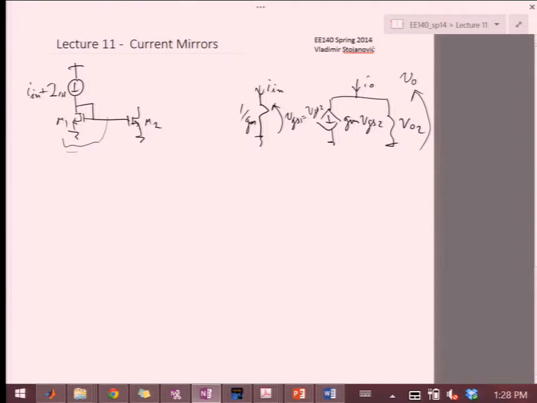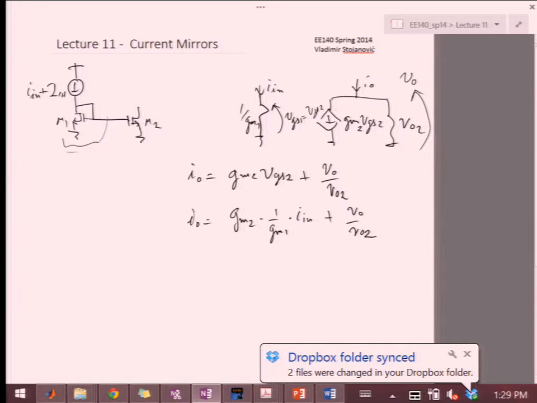Okay, so if I look at the output current, that output current is gm2 times VGS2 plus VO over ro2. So my IO is gm2 times VGS2, which is i in times 1 over gm1, and then plus VO over ro2.